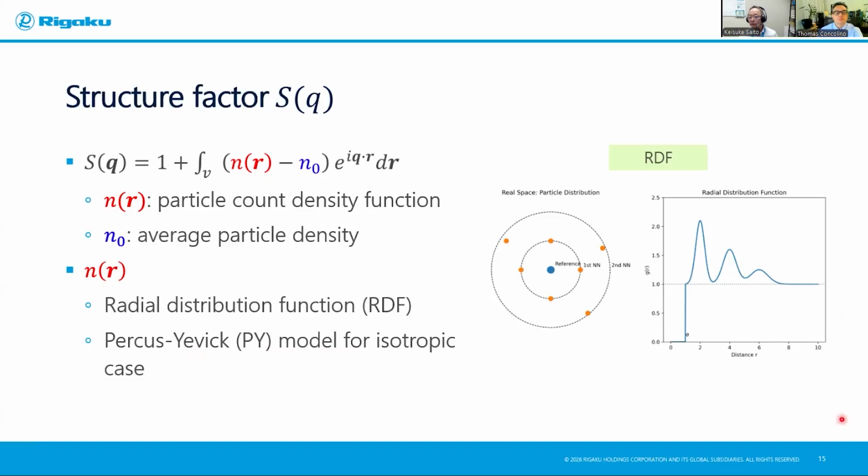This model provides a physically realistic hard sphere approximation to the RDF, allowing S(Q) and ultimately the SAXS profile to be calculated using only a few parameters. That's why we introduced this model.